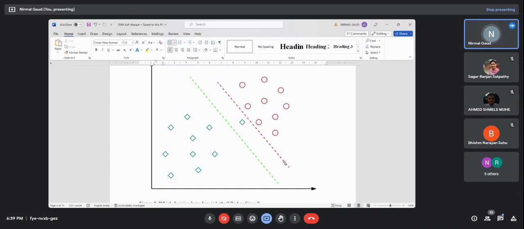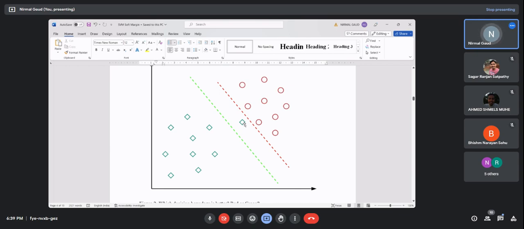Green and red are both well separated, nothing is missing, no mix up, and 100% accuracy. However, if you select this green margin, one green point is being misclassified here, you can see.